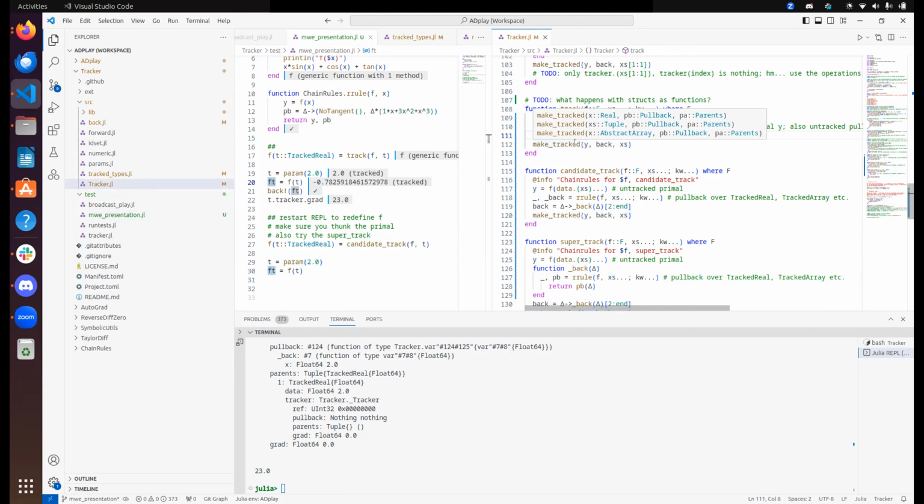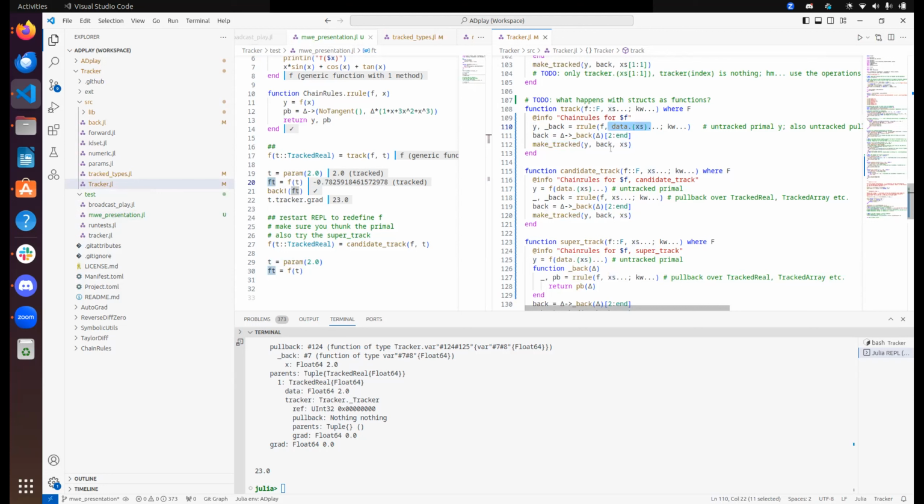Okay, but this is not what we need. When we do this call here, as I said, we get rid of all tracking information. So we won't be able to do any second order or any higher order derivative if we do so.